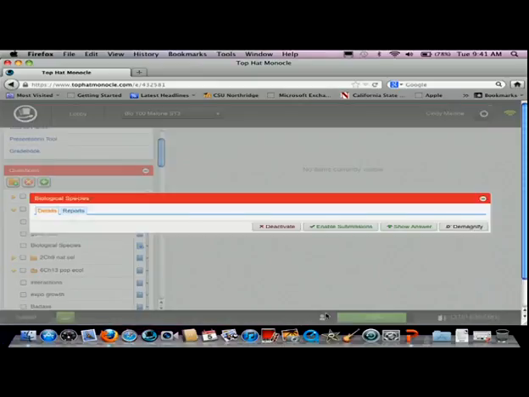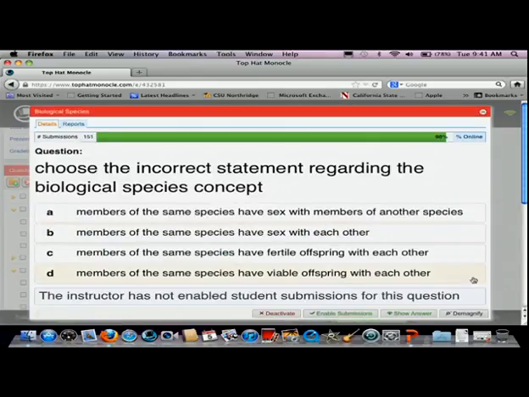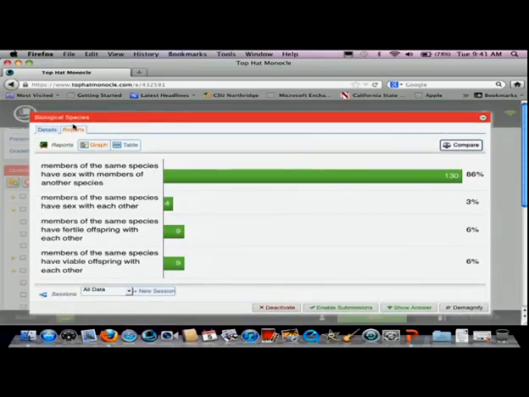All right, what is not true? A, right? Members of the same species do not have sex with another species. That's the whole deal. Members of the same species do have sex with each other. That's part of the definition of being the same species. Members of the same species do have fertile offspring with each other. That's the other part of that equation.